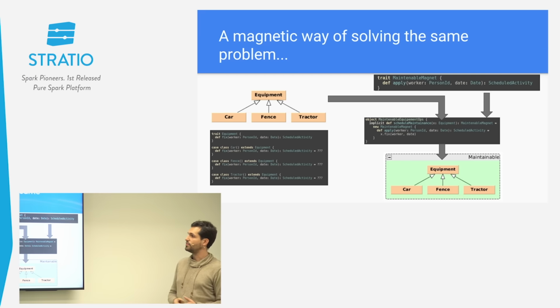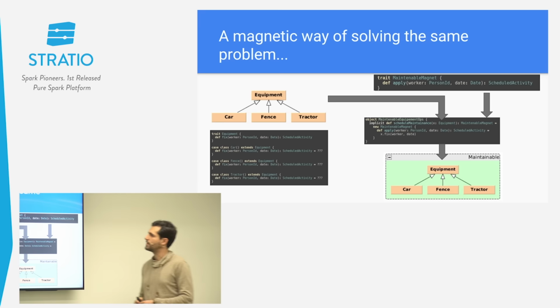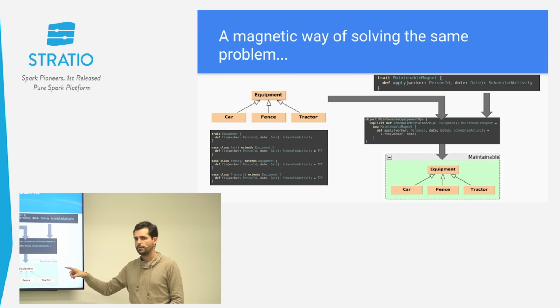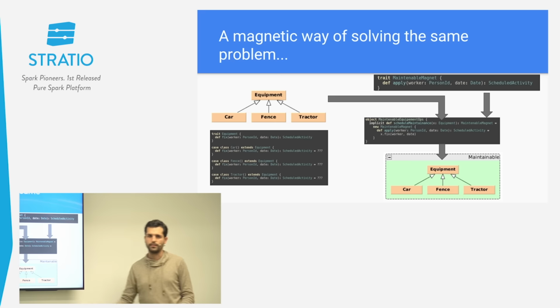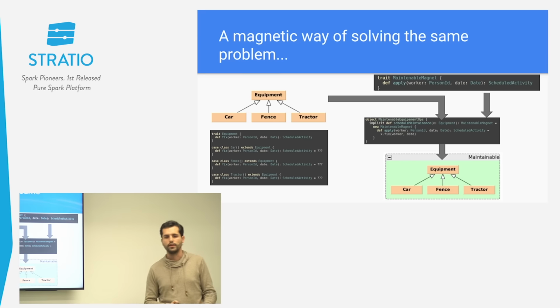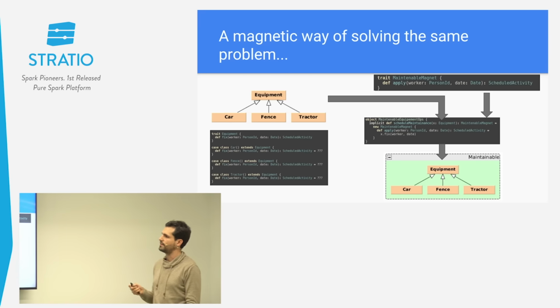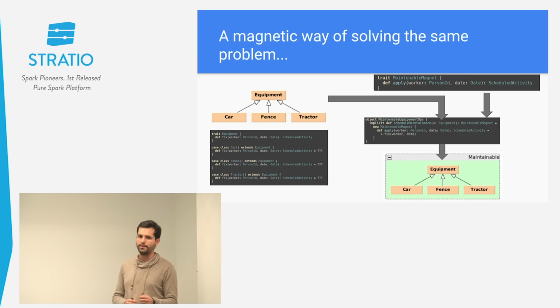And that's all. Whenever you want to run the functionality within maintainable, you just call it as you expect to do it. The compiler will apply the implicit conversion and you will be able to continue. It's very similar to what we've seen before, but using the other family of implicit things, which are implicit conversions.